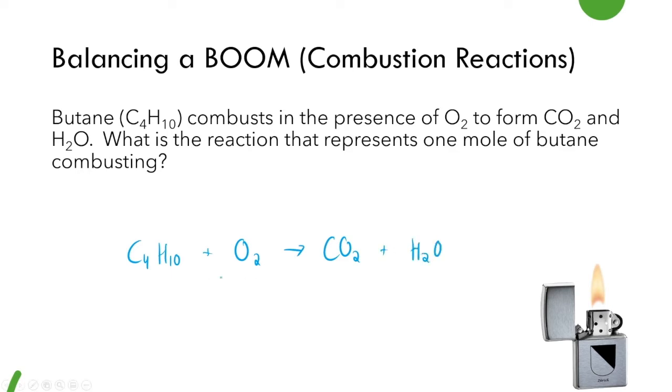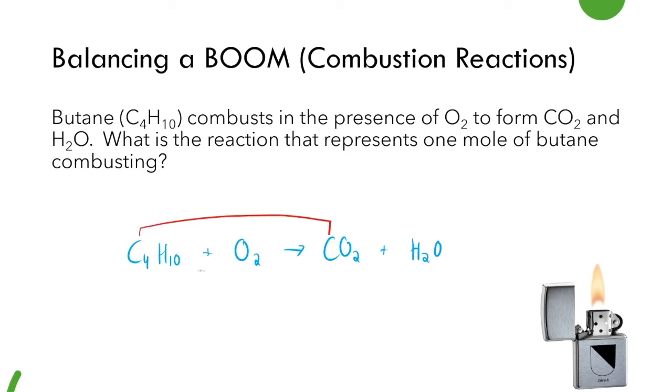All right, so now the trick here is to figure out what is going to be relatively easy to balance. I'll give you an example of something that isn't easy to balance first. The oxygens are in 3 different places, so that's going to be a little bit tricky. Instead, let's balance things that are only in 2 places. They'll be a bit simpler.